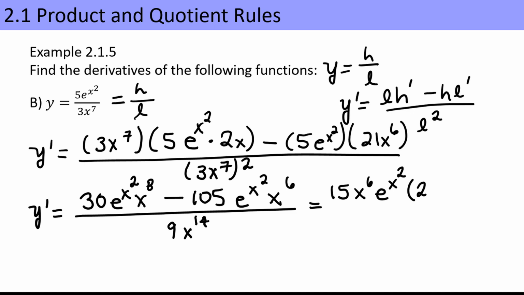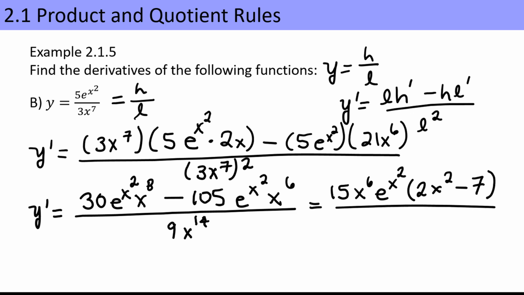The e to the x squareds cancel out, so that's 1. x to the 8th divided by x to the 6th would leave me an x squared. And for the second term, 105 divided by 15, that gives me 7. And then e to the x squared and x to the 6th were all factored out.